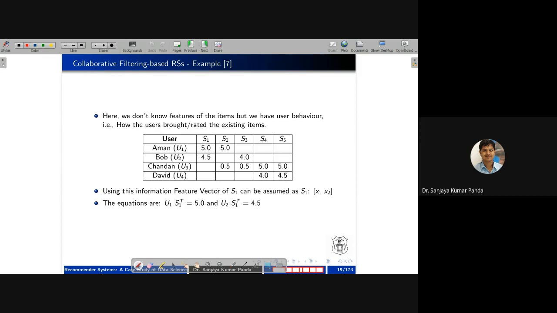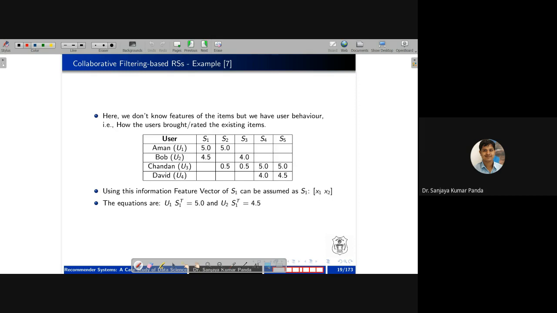So you have to assume the feature vectors. In this case, we have assumed that the feature vector for smartphone S1 is x1 and x2. By taking the rating matrix and the user feature matrix, we have to find the item feature matrix.